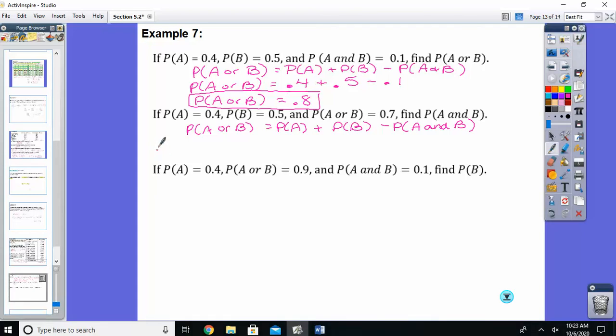Probability of A or B, 0.7 equals probability of A is 0.4, probability of B is 0.5.